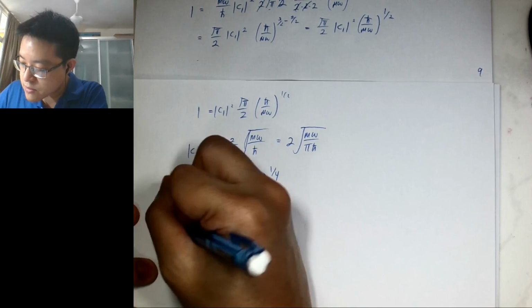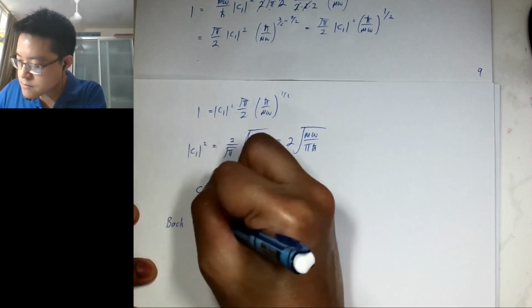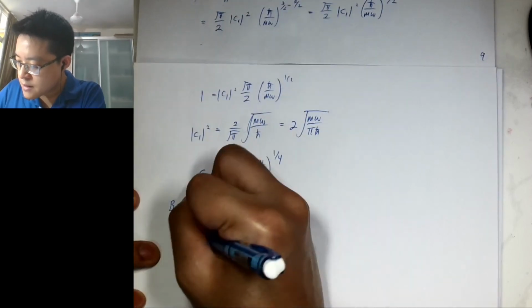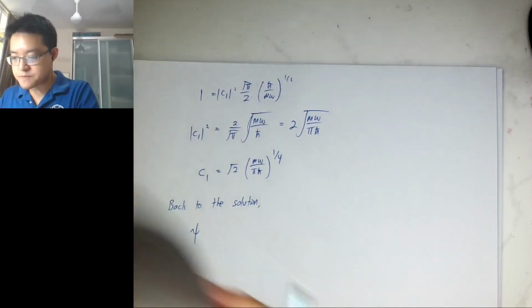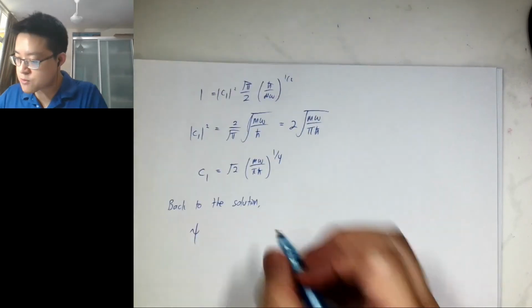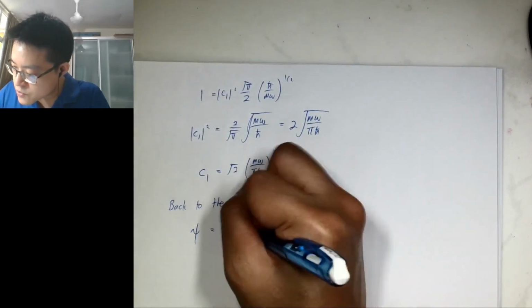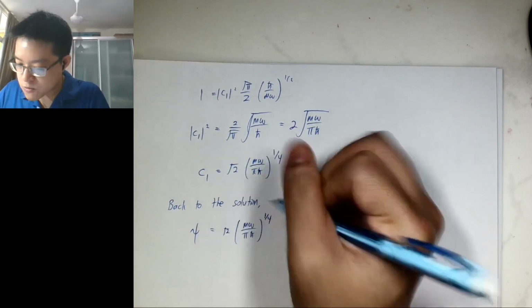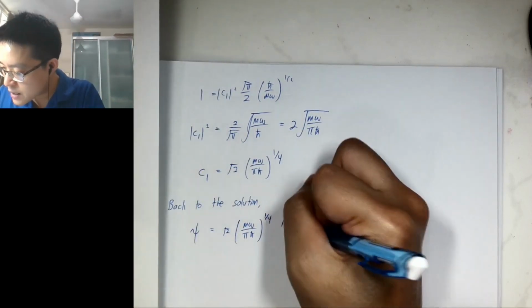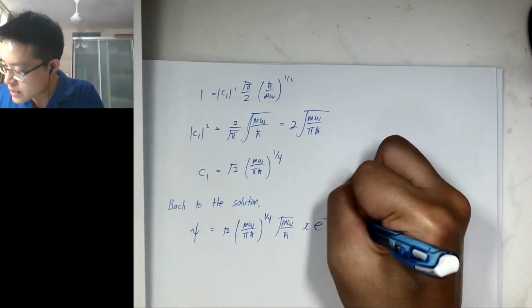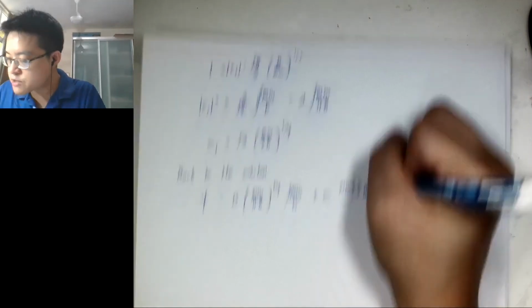So we put this back into the solution. But what was it? My wave function was what? We found the C1, right? And then we got the m omega. So what we have here is root 2 m omega over pi h bar to the power 1/4, and this another m omega over h bar root x, e to the power of minus m omega x squared over 2h bar.